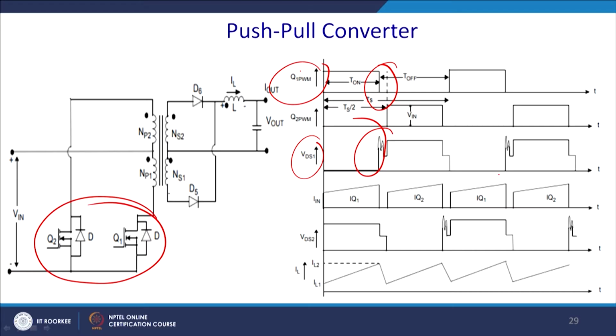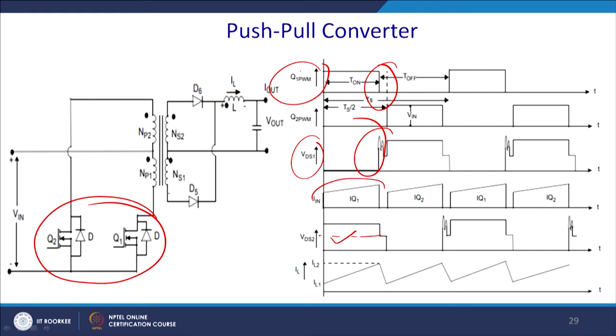In the same way we can have a replica of it, which has not been shown. So, this is the D2. We assume that this switch is blocking that voltage since it starts conducting initially. So, this value is VIN, and thereafter this is basically NP1 by NS1 into V0. So, this much voltage stress it has to block when it has been triggered, and the same cycle continues.